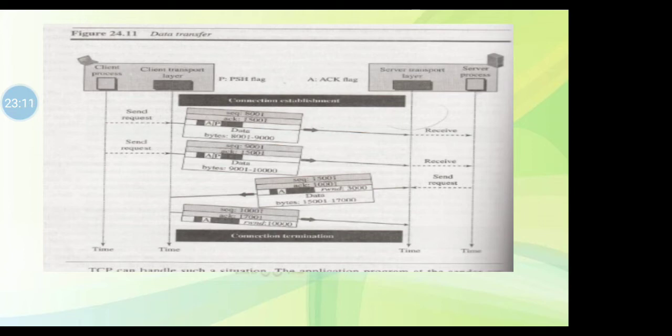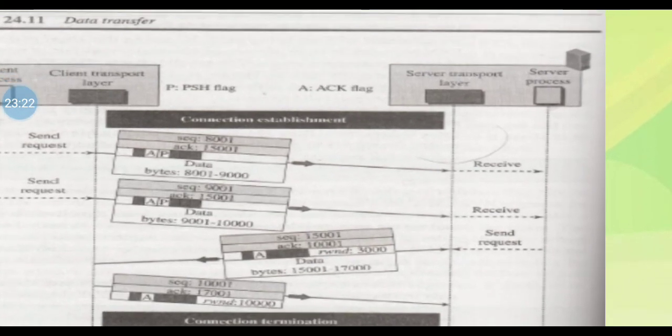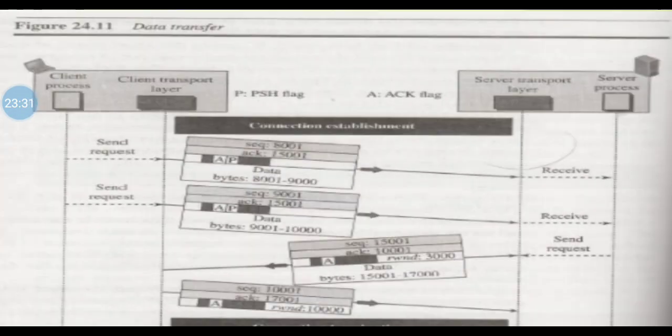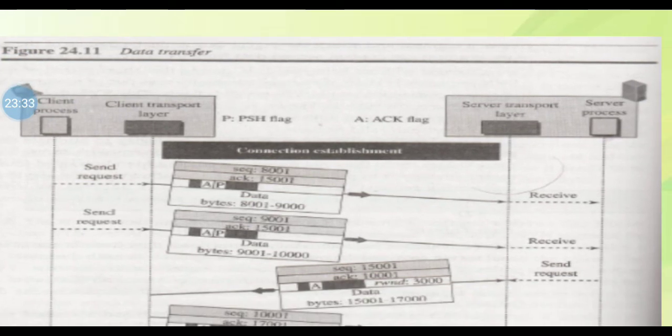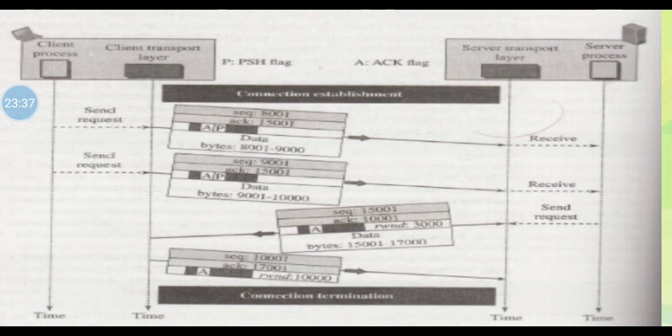So, this example shows data transfer after a connection is established. You can see the client sends 2000 bytes of data in two segments. The server then sends 2000 bytes in one segment.